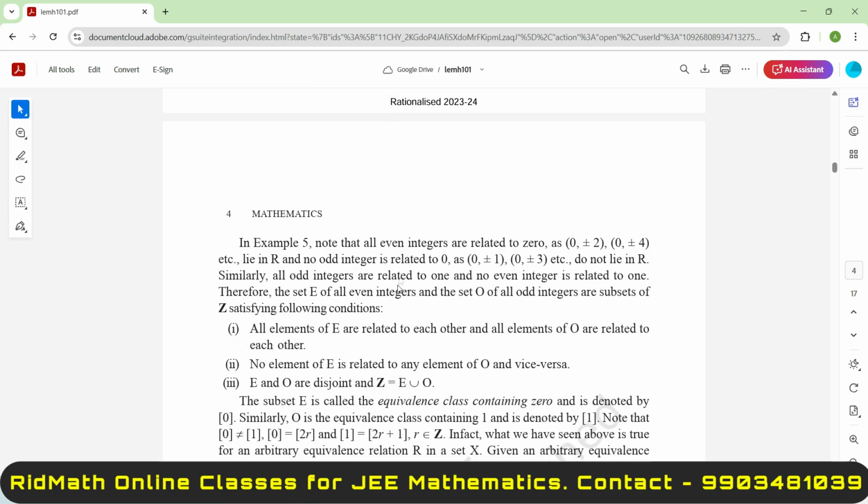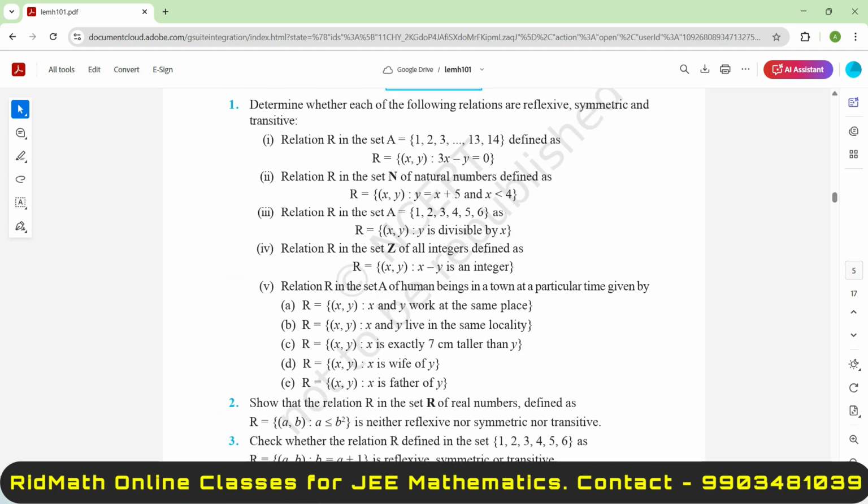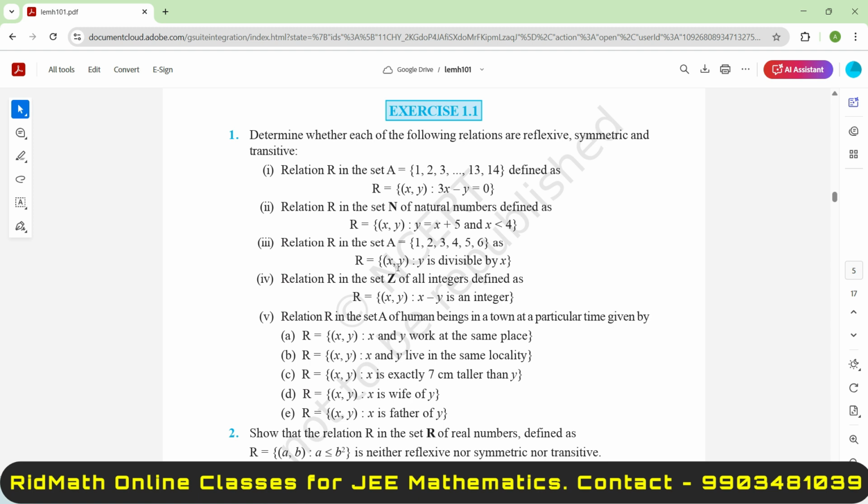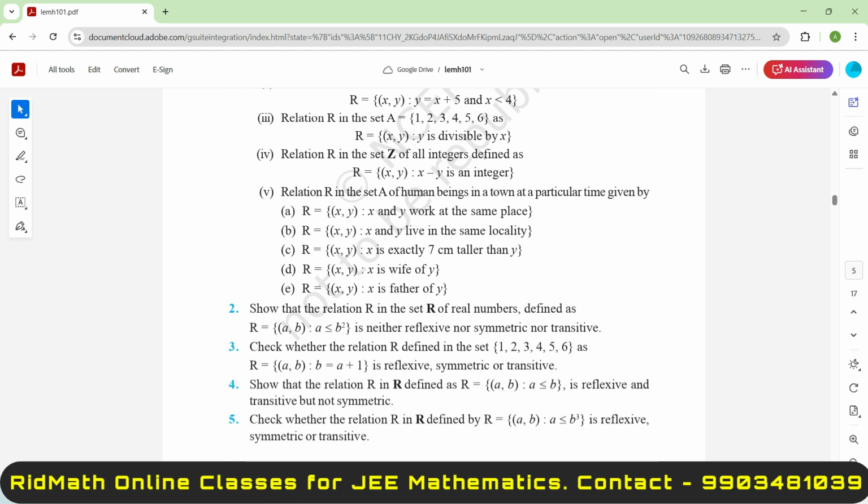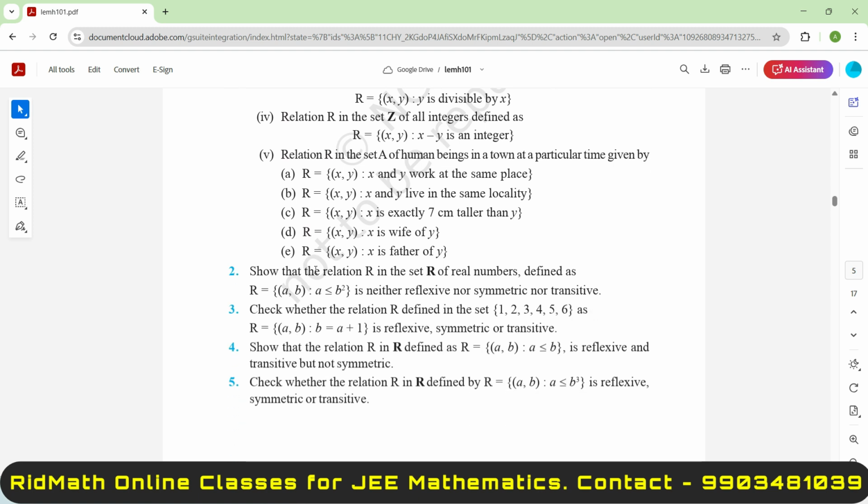In the exercise, question number 1, I generally leave it as an exercise for you to do yourself, and from question 2 we will do it. As it is an exercise, you should try it on your own.